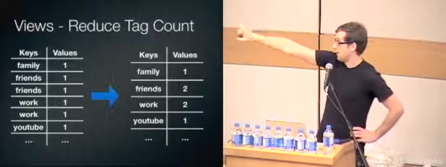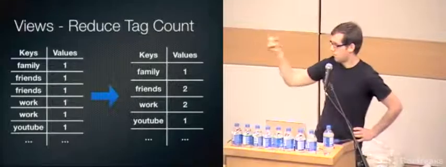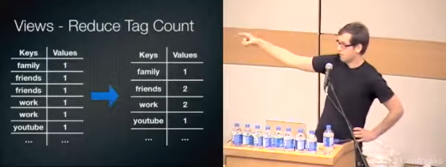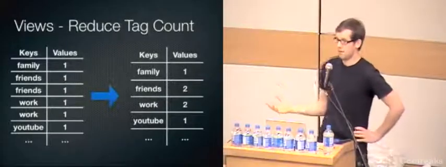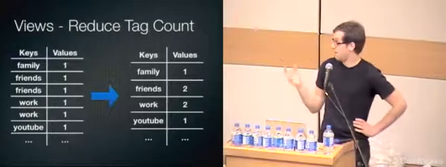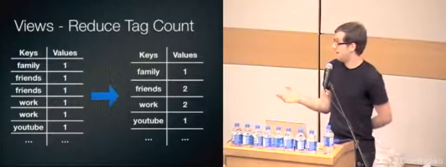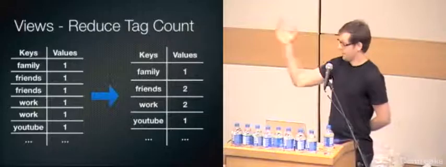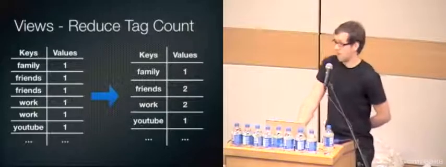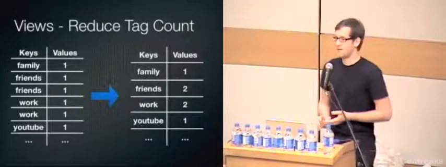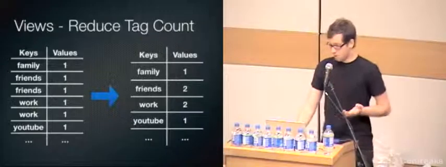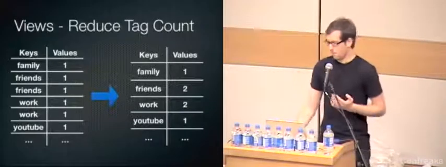For the two tags that occur twice, we just sum up the values, which ends up being the count of that tag in our database. This is a very basic example of how to do calculation. You can do really fancy things there to query everything you actually need.